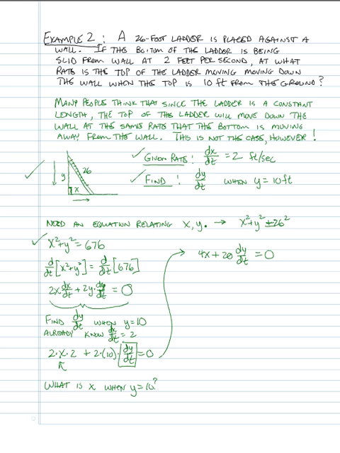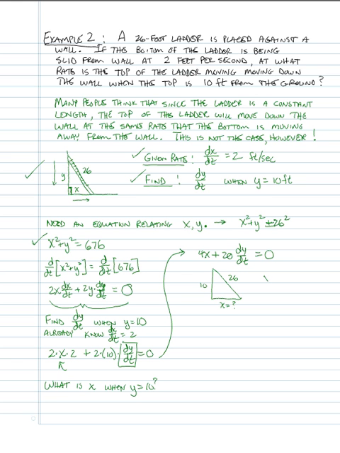So what we're going to do is go back to this idea that we have of a right triangle. And the ladder is 26 feet long all the time, but now we're fixed at a position temporarily to find out what x is. See, the y value is 10, so what is x?